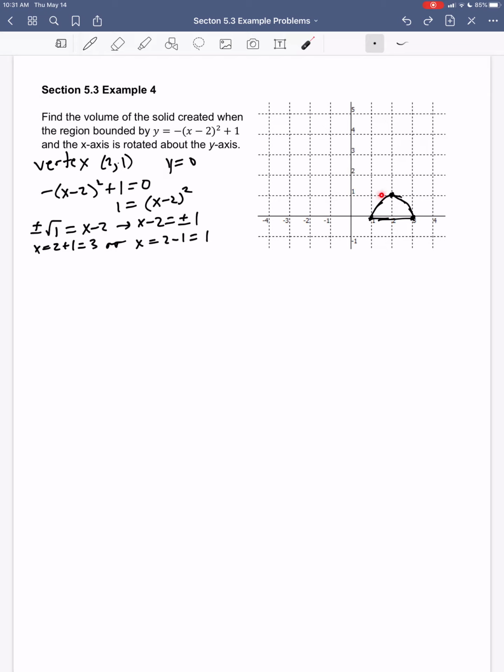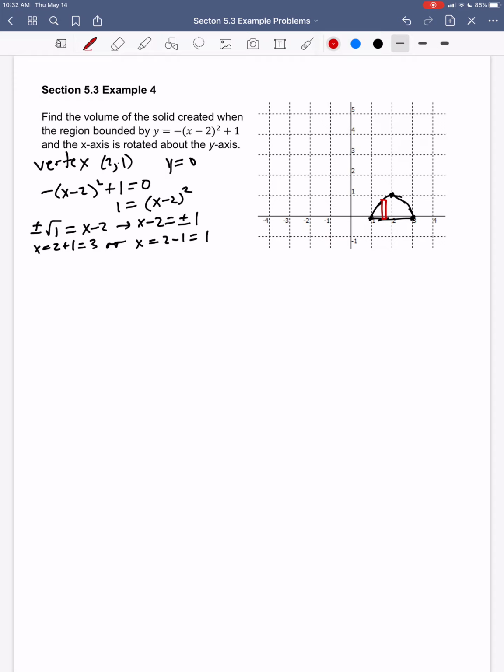It's much better if I take a vertical rectangle, because then the top is always along the parabola and the bottom is always along the x-axis, which is y equals 0. So I decide to do vertical rectangles regardless of how I'm rotating this region.